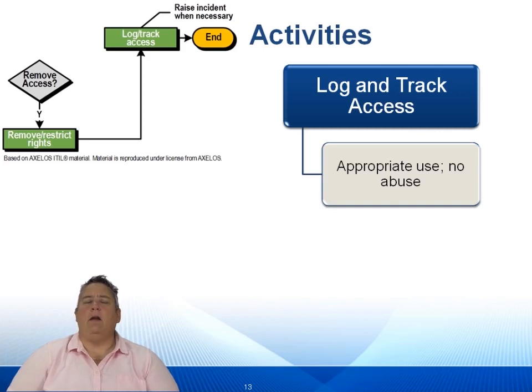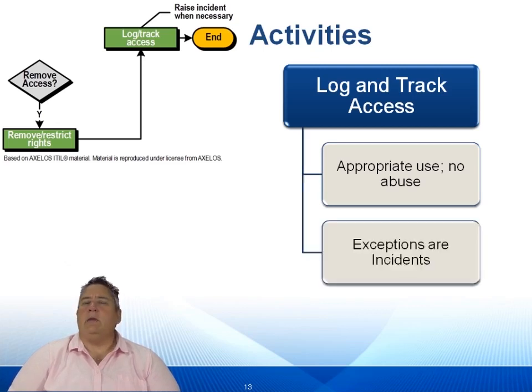All right, so once rights have been granted, we're in that monitoring phase from a process perspective. In that monitoring, we're also going to be logging and tracking the access attempts or actual entries into service data or other assets. We want to make sure that the access that has occurred is appropriate and that there is no abuse. Any exceptions to the access that we're expecting, realize that they are incidents.